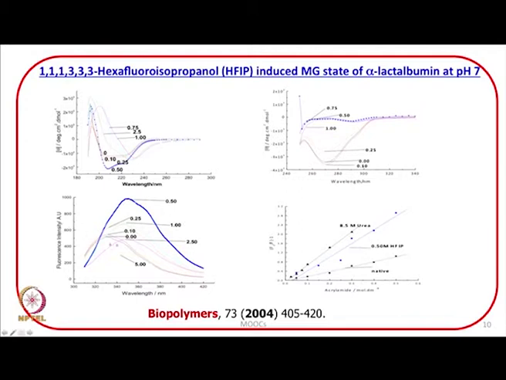The lower panel is fluorescence characterization, and that we will discuss a little later. But the circular dichroism spectroscopy is directly telling us that 0.5 molar hexafluoroisopropanol induces a molten globule state in the protein.